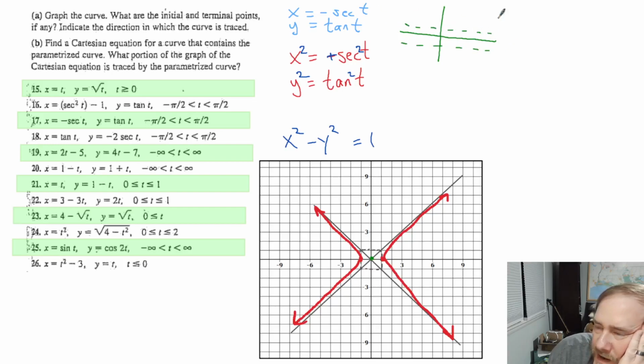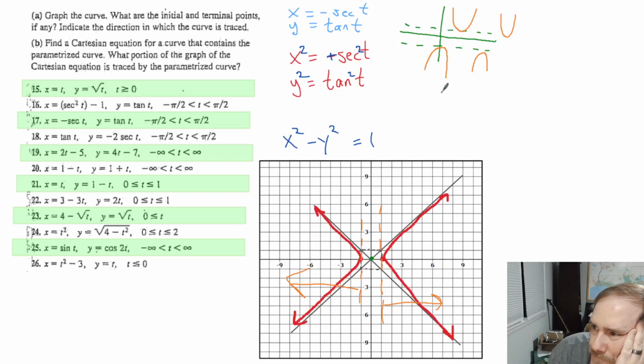Now they did say negative secant, so that's going to reflect us. But we're still getting all x's that are less than -1, which makes sense. I can see I'm getting x's left of -1, and I see I'm also getting x's to the right of -1. So my domain actually jibes with the range of negative secant.